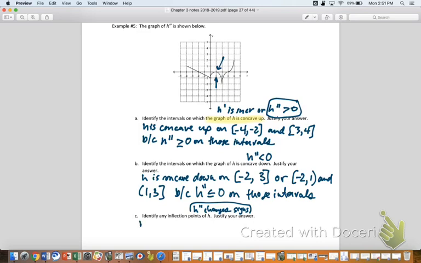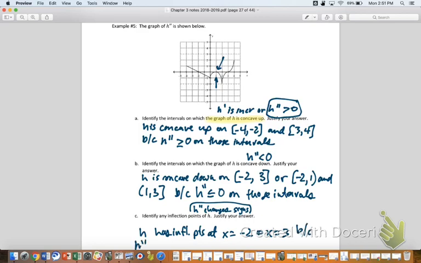Okay, so you'd say something like H has inflection points at x equals -2 and 3, because I'm going to run out of room here.